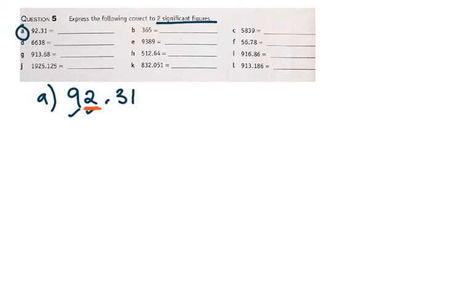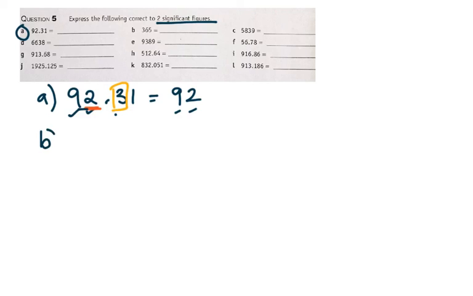So as always with rounding, I'm going to look to the number after it to let me know whether I need to raise the score or just let it rest. So 3 here is 4 or less, let it rest. So my answer is 92. And you can see I've got 1 significant figure, 2 significant figures, which is what the question asked for, and the place value is the same. This is 92, this is 92.